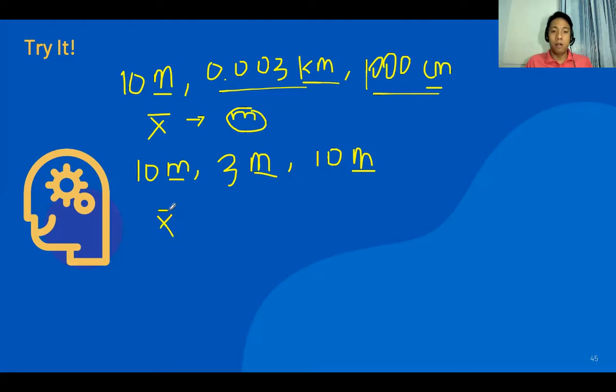So you'll now solve for the mean. X bar is equivalent to the summation of these three, which is 23, over how many data? We have 1, 2, and 3. So we have 3.